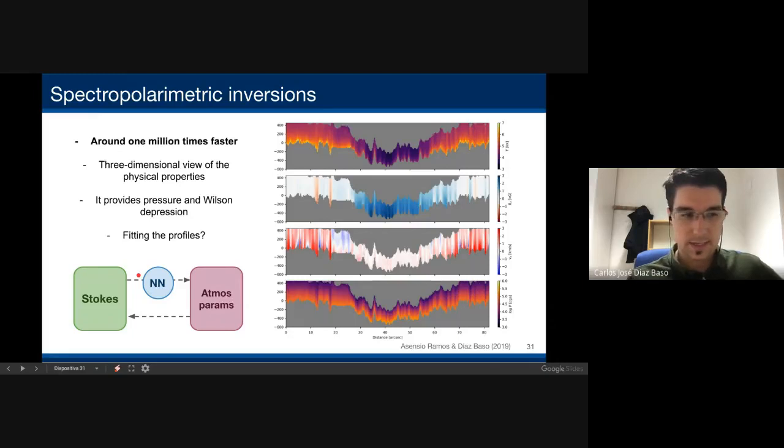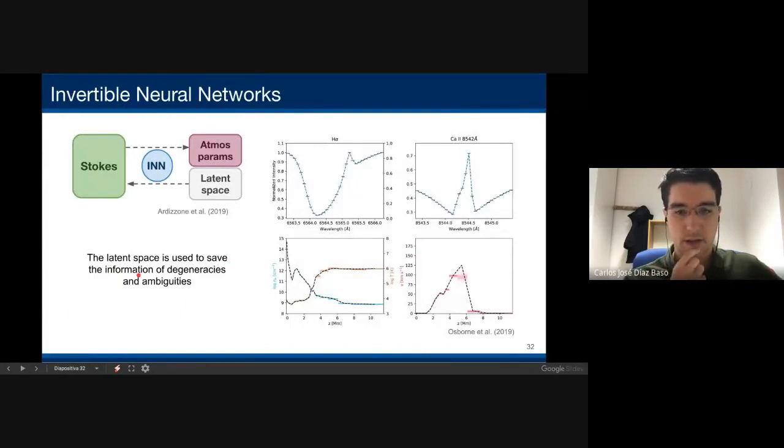And in this sense, Chris Osborne and collaborators have been trying to do something similar with a different type of neural network, an invertible neural network, with a very smart approach where you see more or less the same picture here.